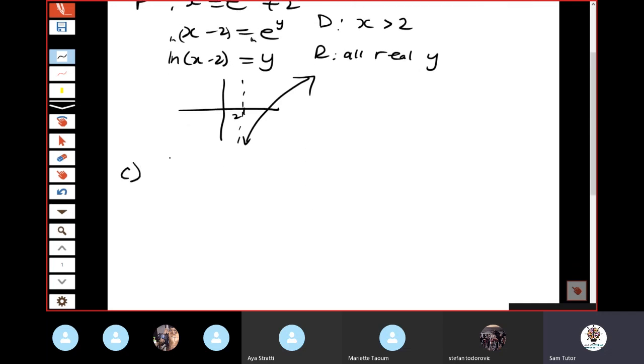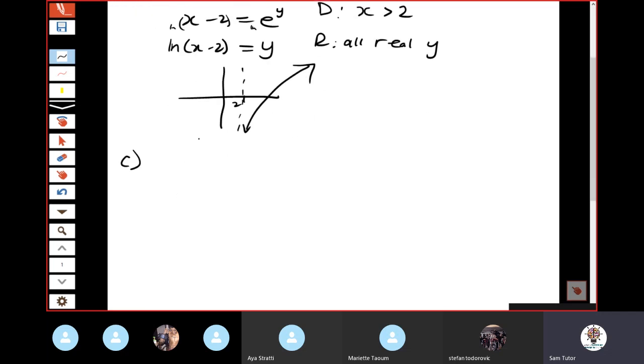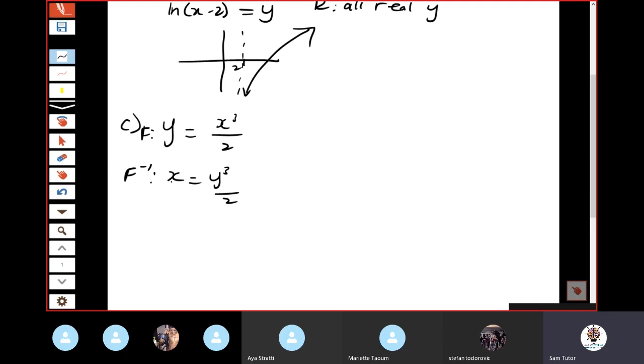All right, C. C is y equals x cubed plus 2. Again, that's your original. So your inverse is going to be x equals y cubed plus 2, so y equals the cube root of (x minus 2).